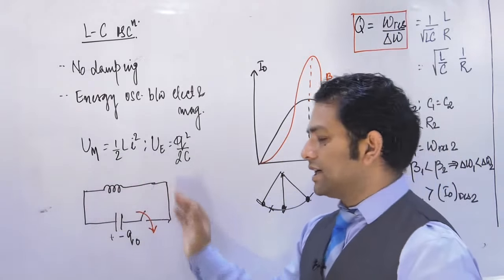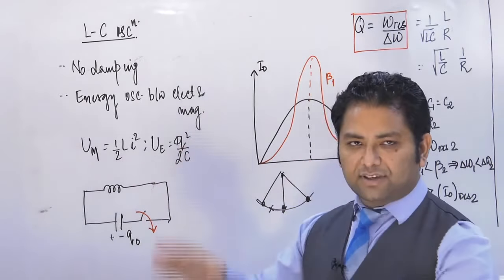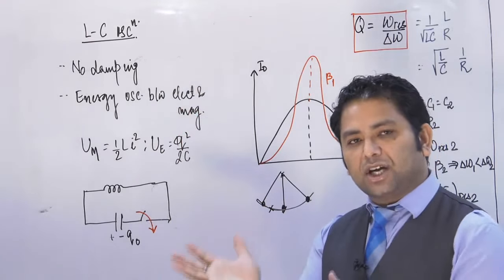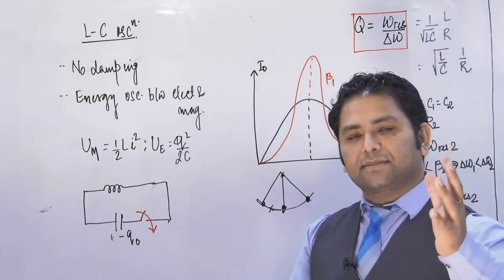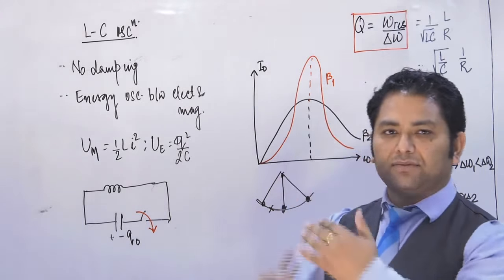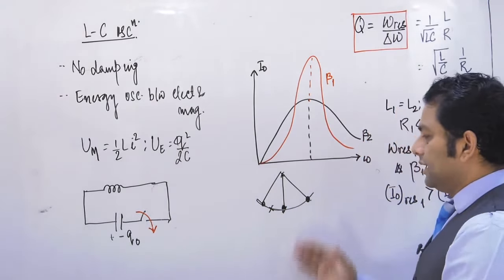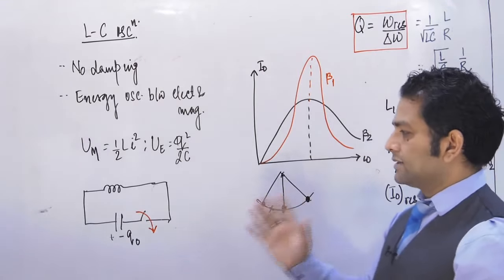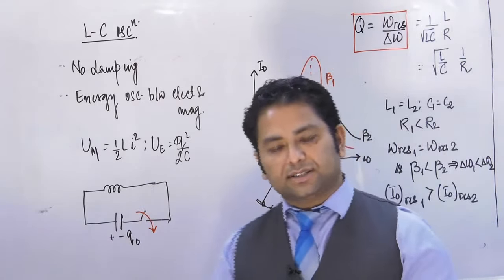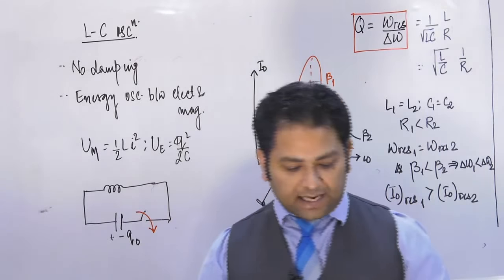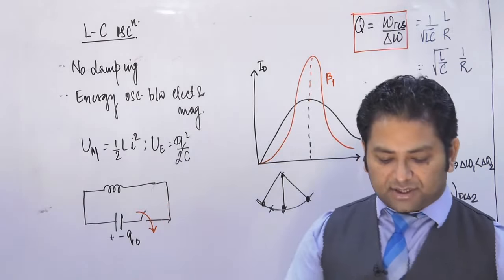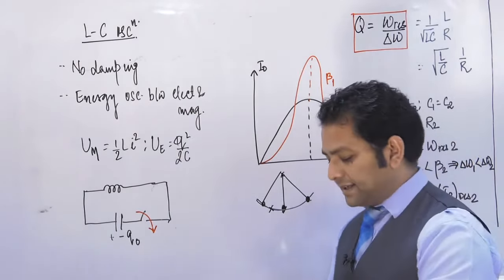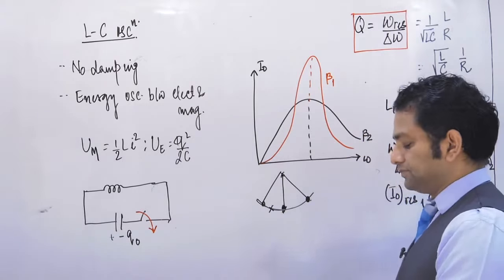And after that the current would again reach 0 while the charge reaches maximum. So when the current is maximum, the charge is 0; when the charge is maximum, the current is 0. So that conversion keeps on happening. Like the way energy toggles between potential and kinetic, the same way energy here toggles between electrostatic and magnetic. And this process goes on and on. But in practice, the bad man is there.